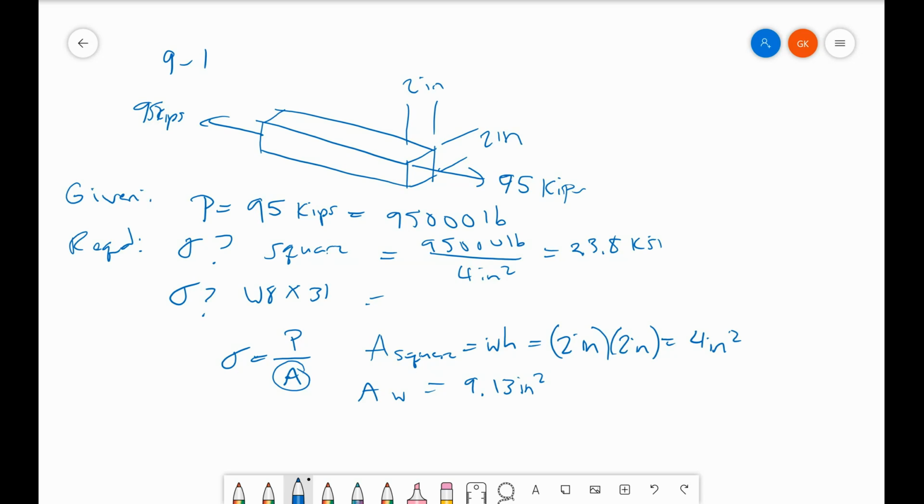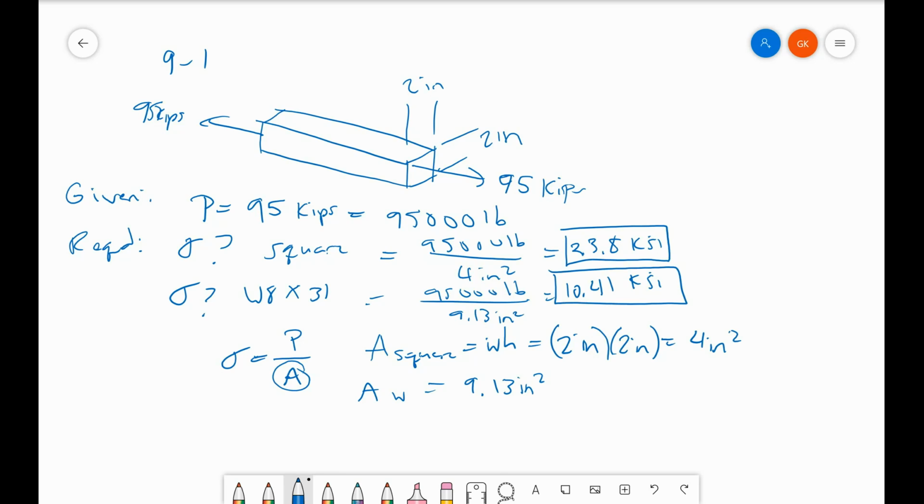And in the second case, it's going to be 95,000 pounds over 9.13 inches squared, which is going to be equal to 10.41 KSI. Okay, with that we have solved our problem.